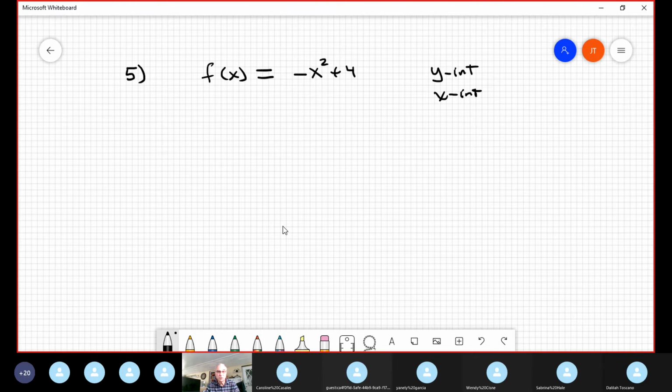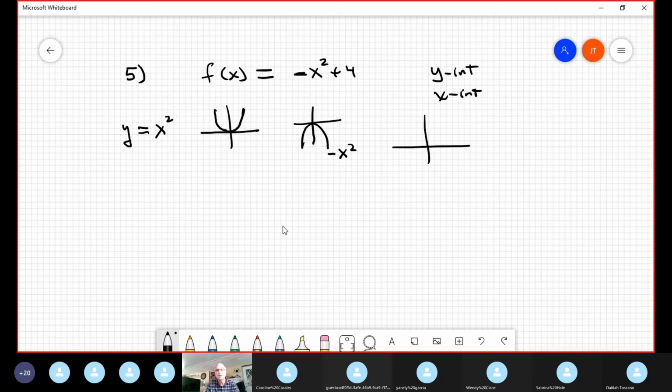I know very well that the function y equals x squared is a parabola, like that. However, we have two transformations. This minus indicates reflection, so minus x squared is a reflection of x squared. And plus 4 indicates a vertical shift 4 units up. Basically the graph looks like that.